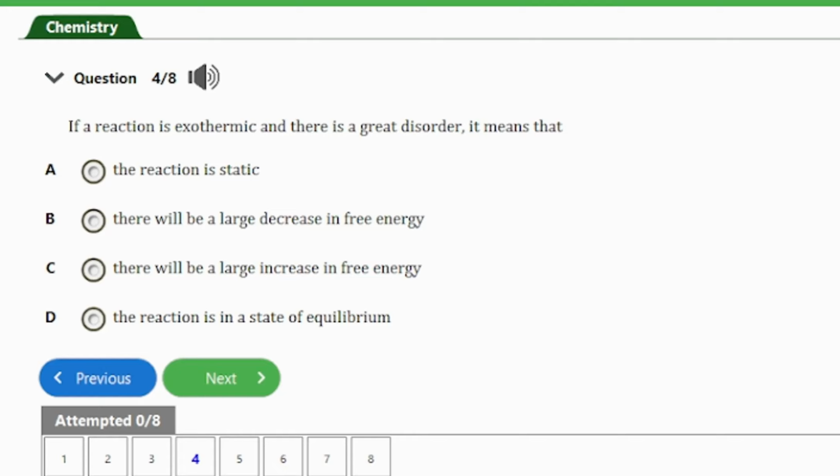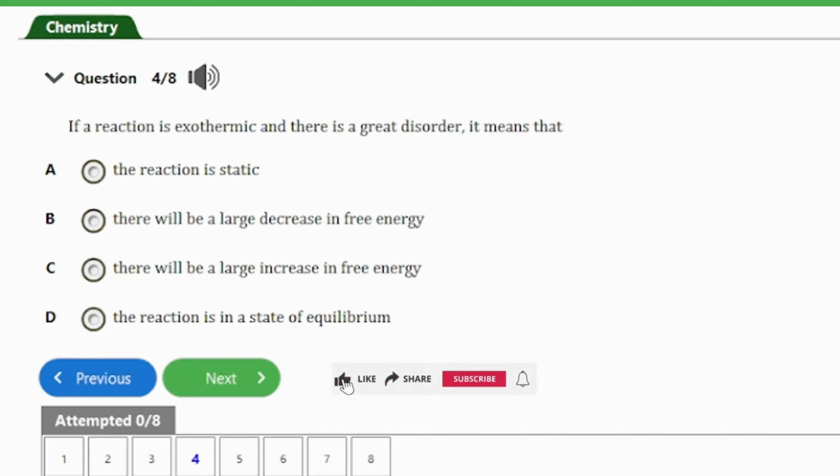So guys, for an exothermic reaction, we have to first of all note that an exothermic reaction is a reaction that releases heat, right? So this means that the energy of the product will be less than the energy of the reactant, and therefore this will translate to a decrease in the free energy.